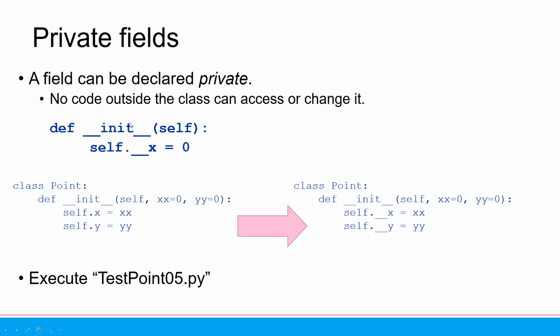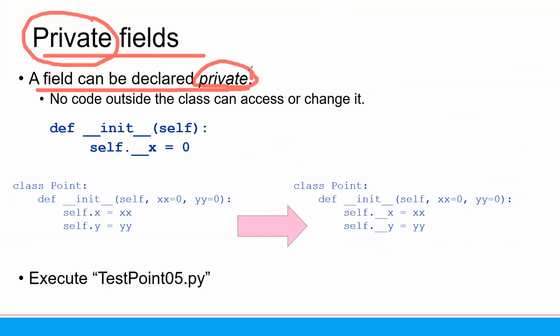So what we are going to do this one is like this. We want to make the fields or the data members as private. So we do not want to expose. We want to keep it secret. A field can be declared private so no other people can access the data.